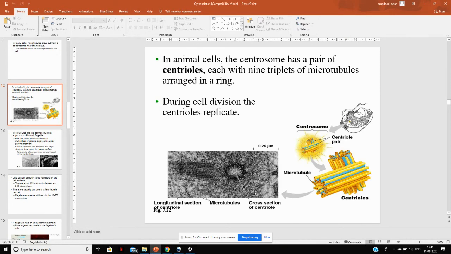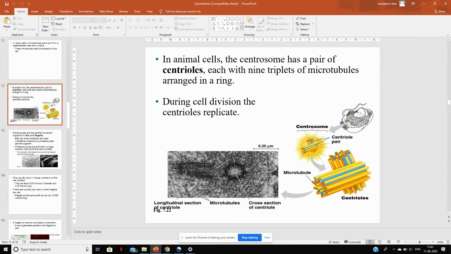Okay, then if you take a cross section of the same with the help of an electron microscope and take a photograph, the things are visible in this particular format. Okay, so in animal cells, the centrosome has a pair of centrioles, each with 9 triplets of microtubules arranged in a ring.